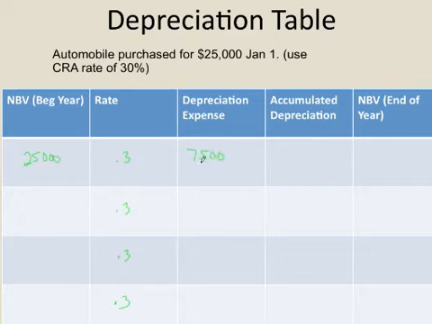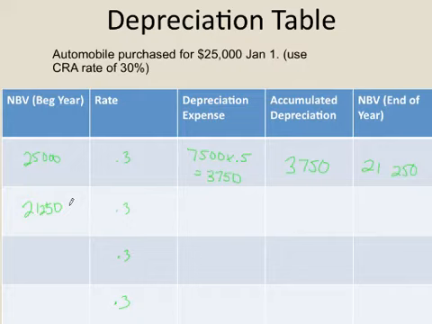But because this is our first year, we have to prorate it and times it by 50%. So in actual fact, our depreciation expense in the first year is $3,750 instead of the $7,500. So our accumulated depreciation is $3,750, and therefore our net book value is $21,250.